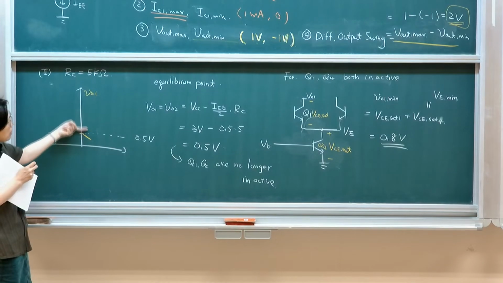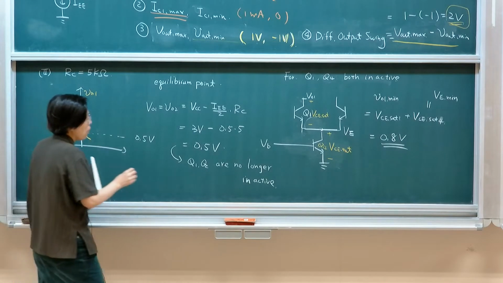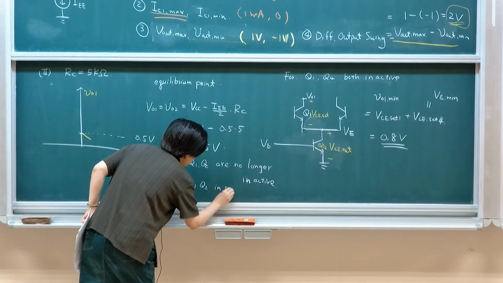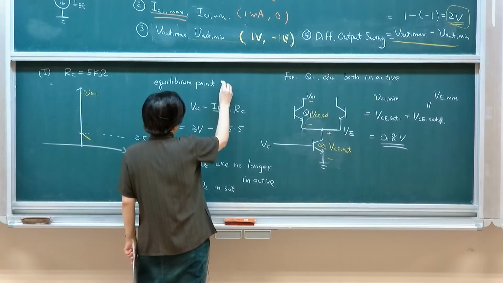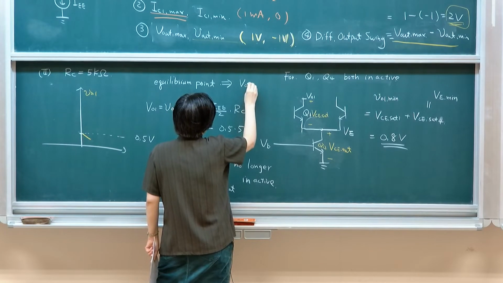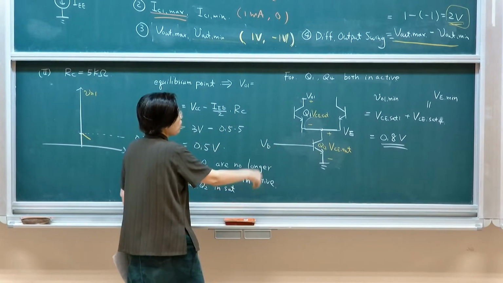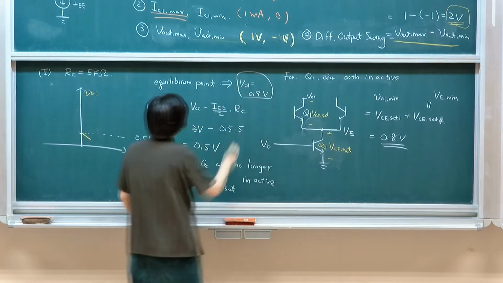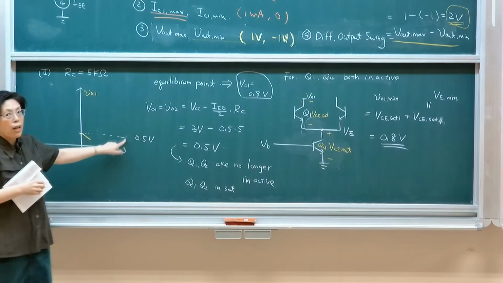So if I'm simply putting RC to 5 volt, you have to consider Q1 and Q2 in SAT. This simply means that if I'm doing this at the equilibrium point, I'm already in saturation. This means my VO1 will be, let's say if my Q4 is still the same, 0.8. The minimum it can go is 0.8. So even at equilibrium, we'll no longer reach the target level.